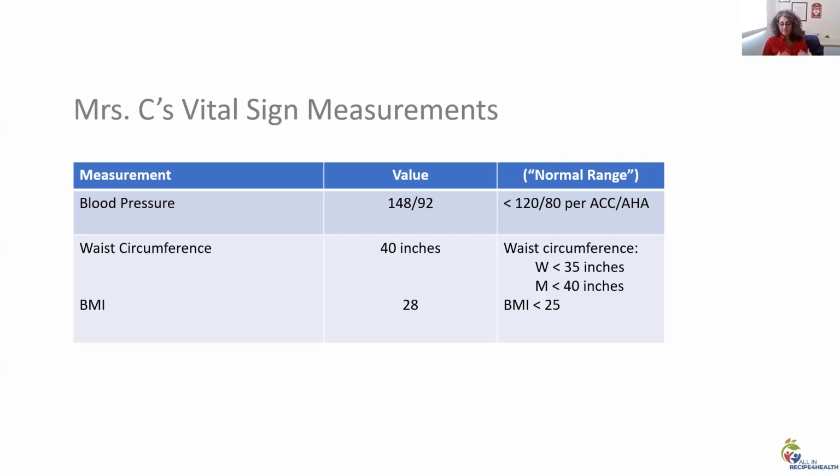It's sort of adiposity around the heart and organs and in the abdominal cavity. And BMI, which we already discussed, is maybe a little less of a useful indicator in terms of metabolic health.